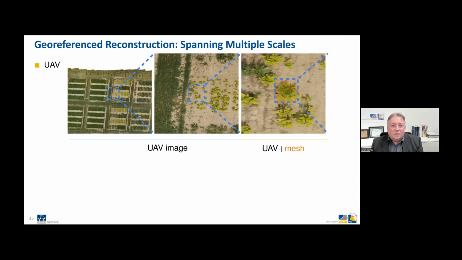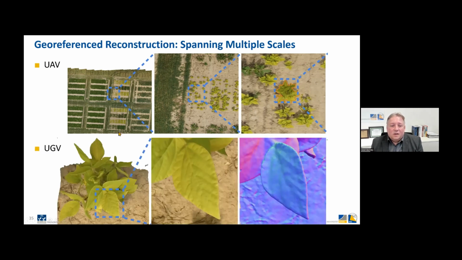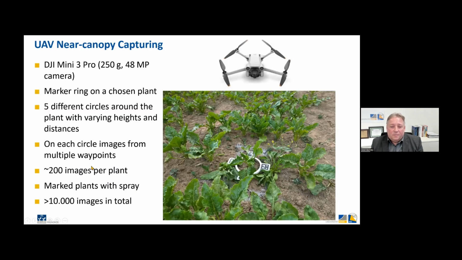And of course, these pictures that we make are georeferenced, and from higher altitudes, the entire field can be captured. And from the ground, we are closer and can capture a high level of detail, both in geometry and in texture.